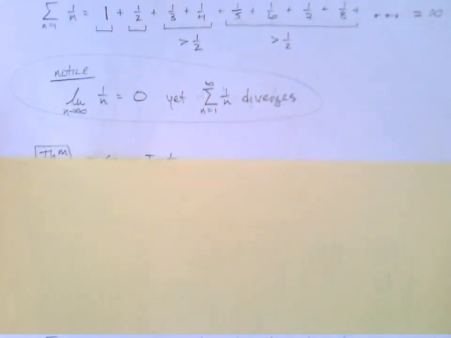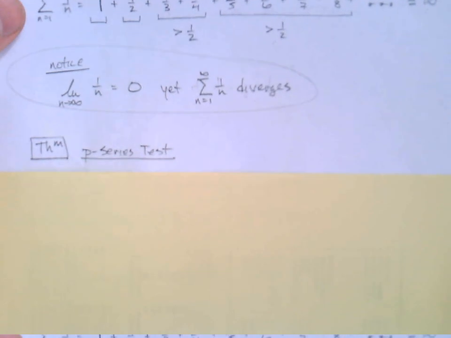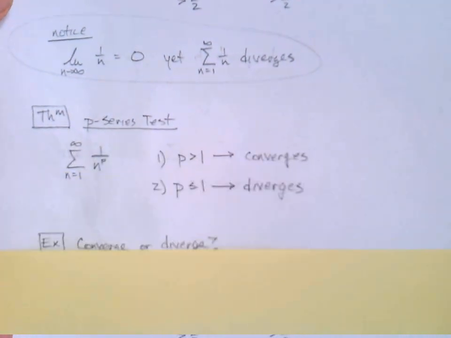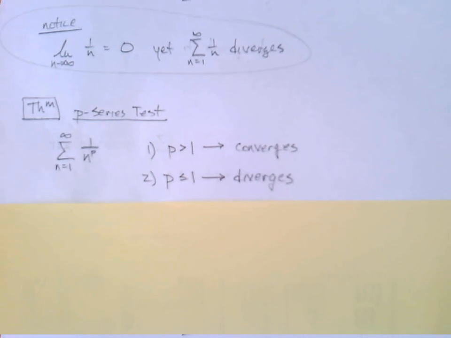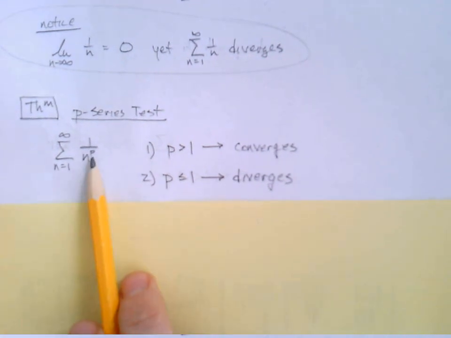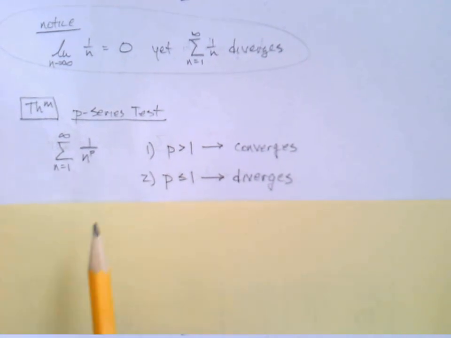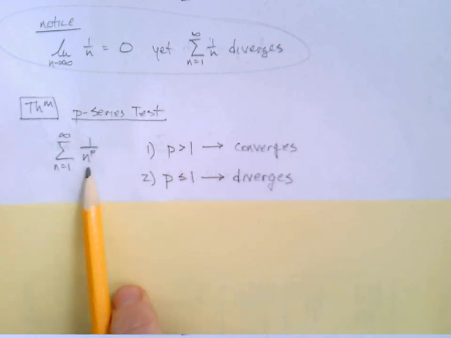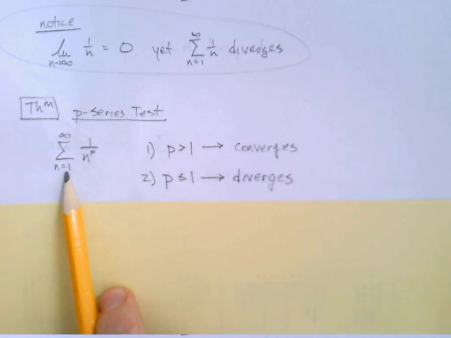Okay, so here's the p-series test. It has to do with powers of n in the denominator. So n equals 1 to infinity, 1 over n to the p. Now again, we say it starts at 1.